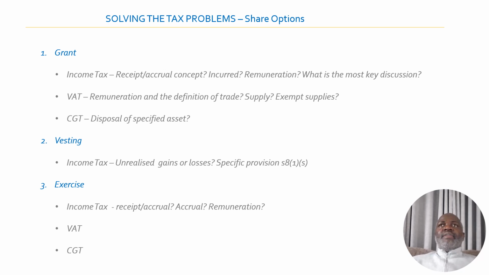CGT, the question then becomes, although they are marketable securities, how were the shares passed on to the employee? The issuing of shares is not a disposal of shares, and therefore no CGT may arise. Remember, CGT arises only when there is a disposal of shares.